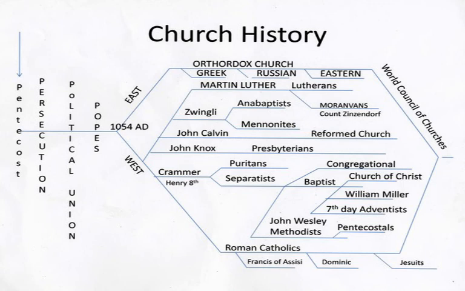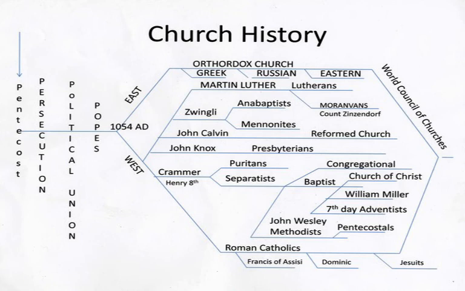We have the Church of Christ. We have William Miller, who claimed Christ was coming back in 1845. We have the Seventh-day Adventists who split from that. Then we have another group, Methodists, John Wesley founding the Methodists. And a split off from the Methodists is the great Pentecostal movement. The Roman Catholics have several orders.